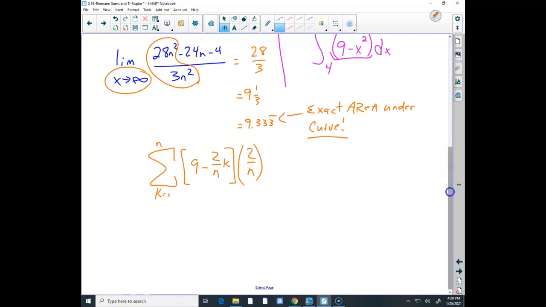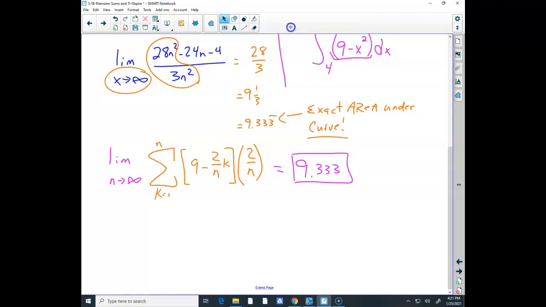As soon as we come back here and we take the limit as n approaches infinity of that sum, this gives me 9.333 exact area, or 9 1/3. It gives me the exact area under the curve.